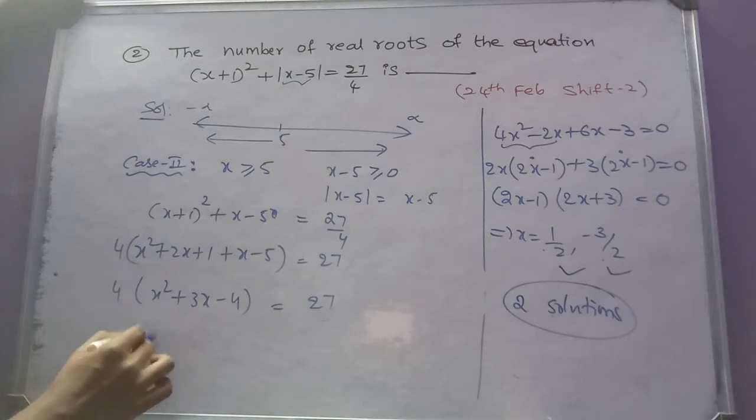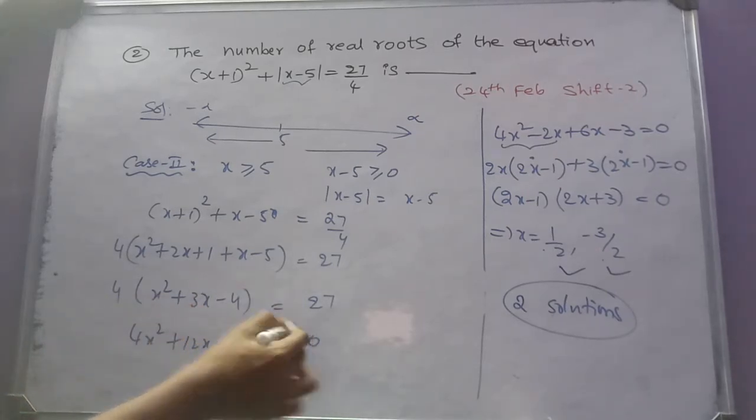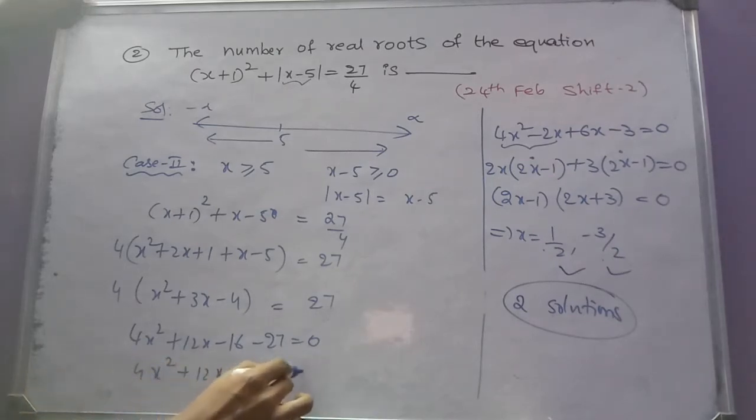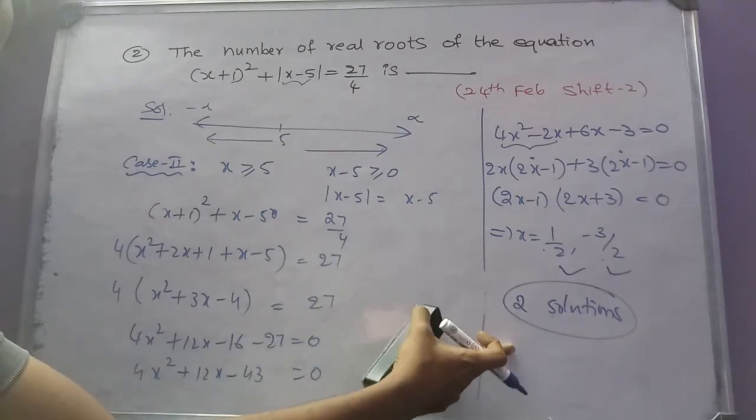Expand it: 4x square plus 12x minus 16 minus 27 equal to 0, and we have got a quadratic equation where factorization is not actually possible. Right? So let us go and use the quadratic formula. Remember that from case 1 I have got two solutions.